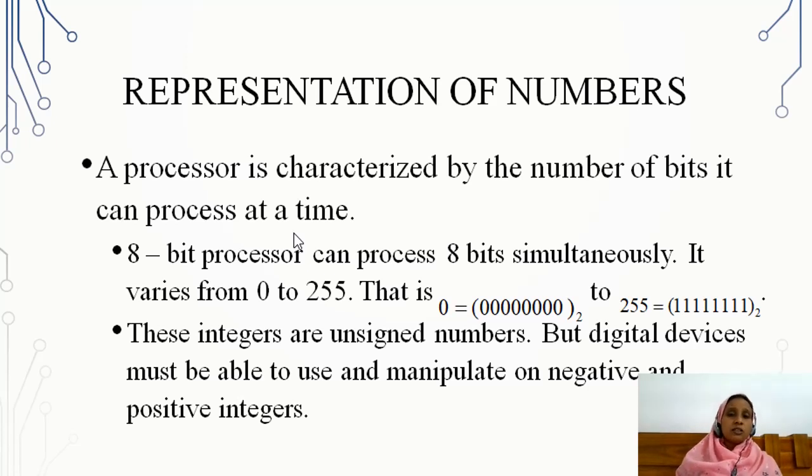But we know that all arithmetic needs negative numbers and positive numbers. So we have to find some way to represent the positive and negative numbers in the binary system.